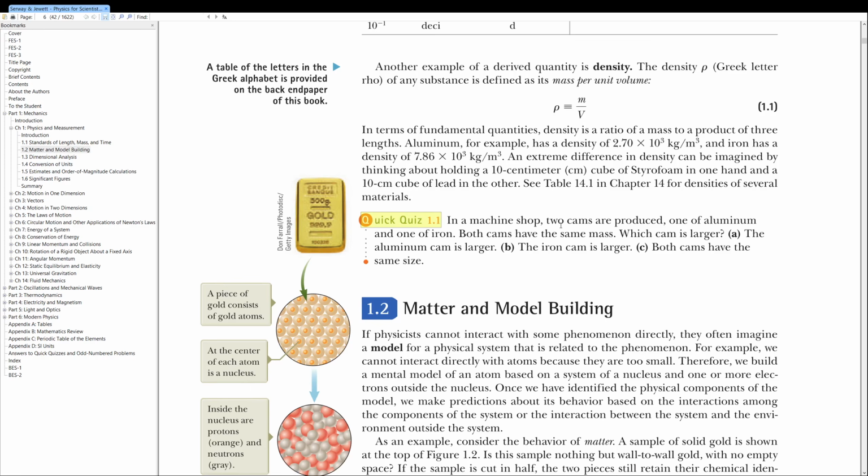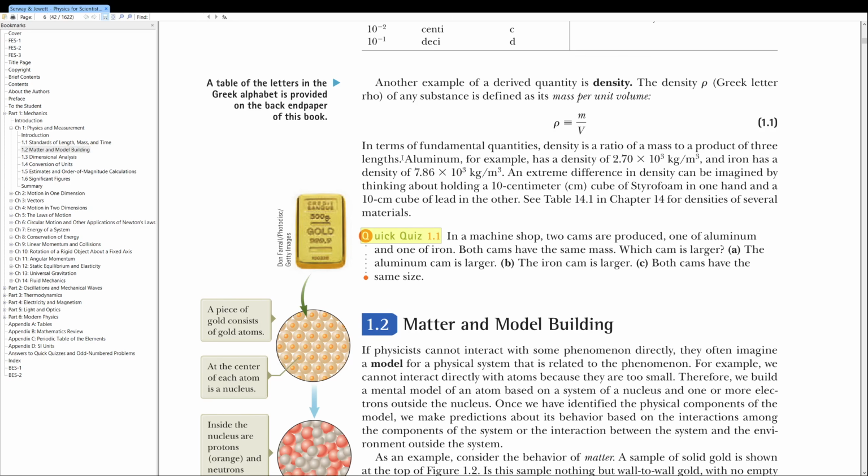Okay, so take a minute. Before you answer this question, ask yourself, what is the difference between aluminum and iron that's relevant to this problem, right? We're thinking about mass and volume, right? So think about that, and there's a hint in the paragraph up here.